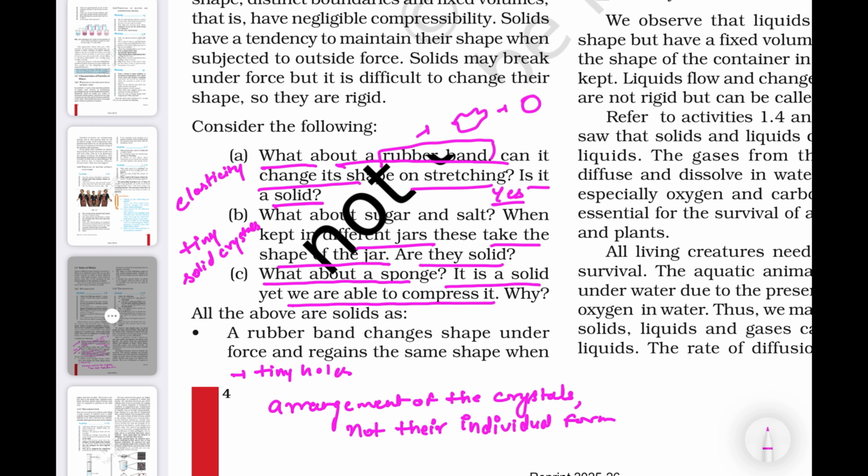When we press it, the air inside gets pushed out, making it compressible. Once we release the pressure, air fills the pores again and the sponge returns to its original shape. So we can see that a sponge is a porous solid. It can be compressed because of air-filled pores, not because it is not solid.